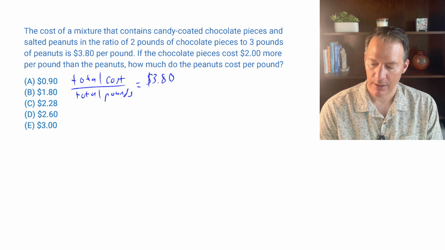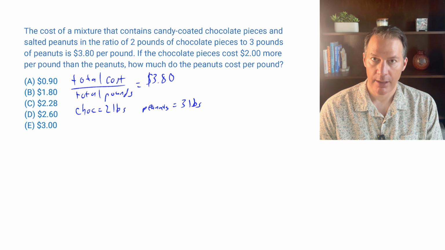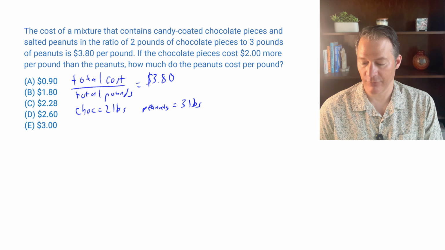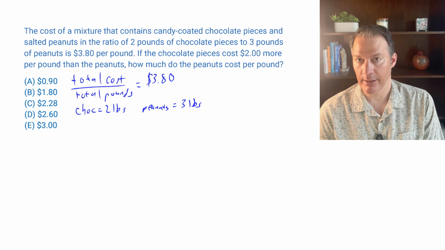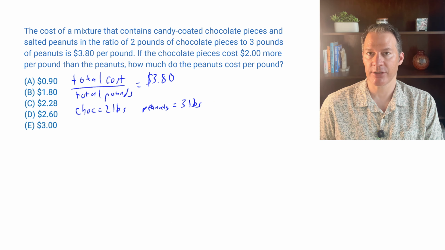So we'll say the chocolate is 2 pounds and the peanuts is 3 pounds. Now, of course, you could also pick 4 pounds for chocolate and 6 pounds for peanuts, or 6 and 9, etc. But again, make our lives easy, pick 2 and 3 here.